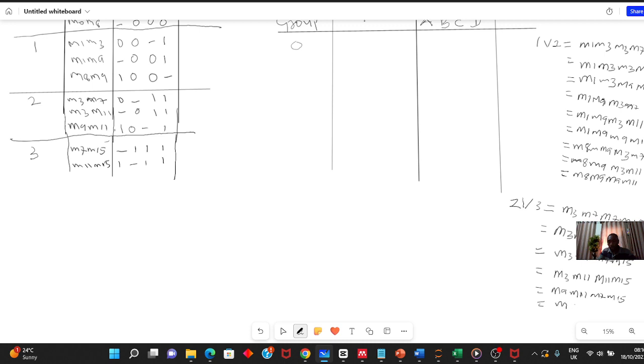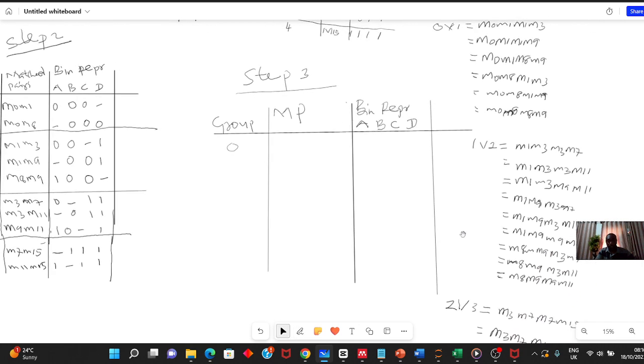And then M9, M11 mapping M11, M15. 6 possible combinations, 3 times 2, right? So these are all the possible combinations to enable you to have the table in step 3.